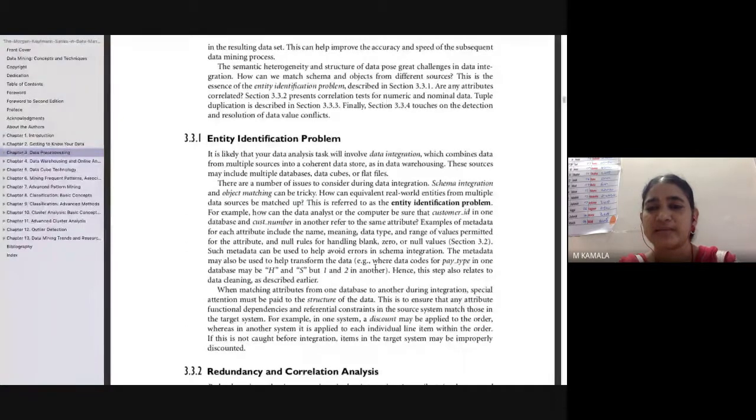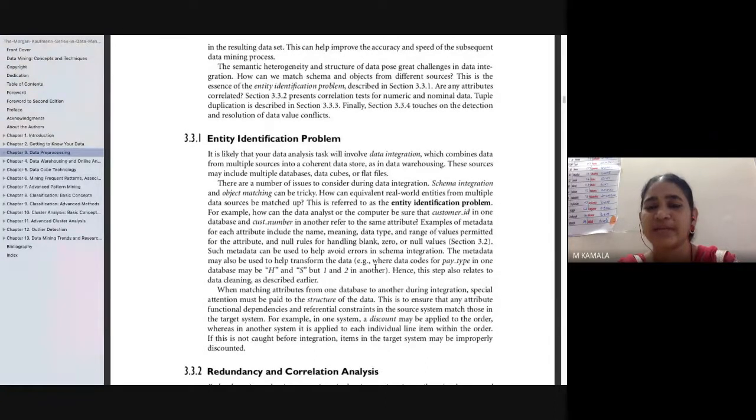This is an entity identification problem where they mean the same but the notation is different. The data will be the same but the attribute name will be different. At the time of integration, you come across this sort of problem, which leads to ambiguity. How we can overcome this ambiguity is to look at your metadata, find out what these two attributes mean, and then combine them under one attribute name. This is your entity identification problem.